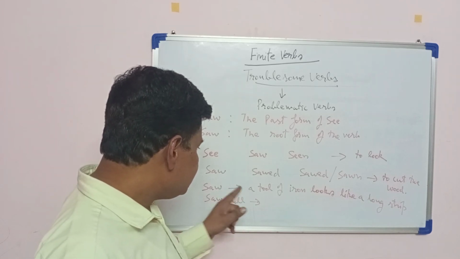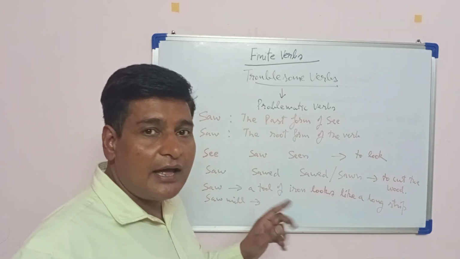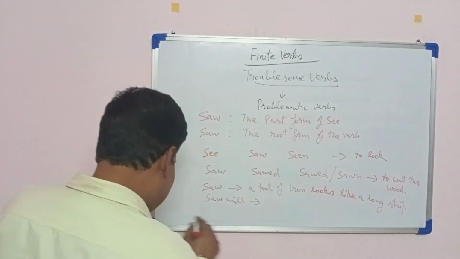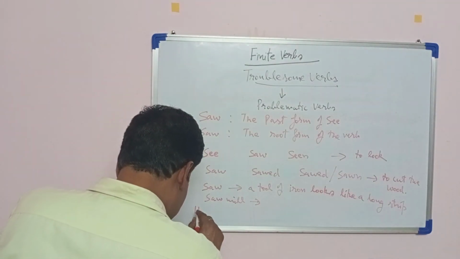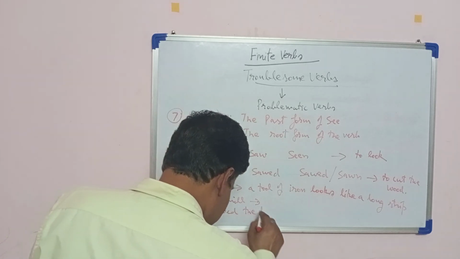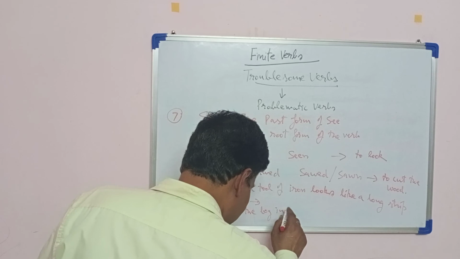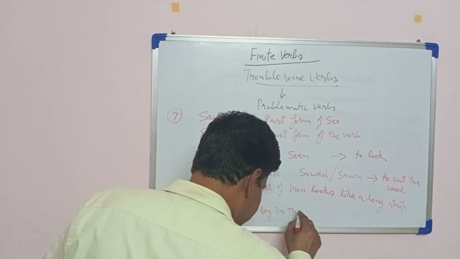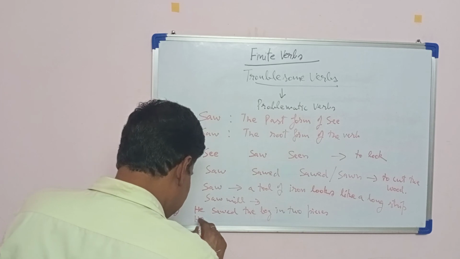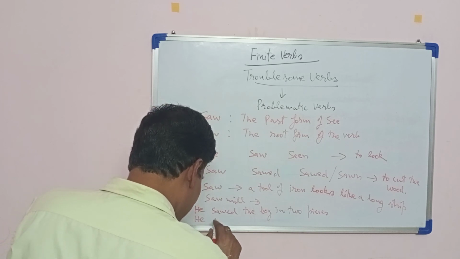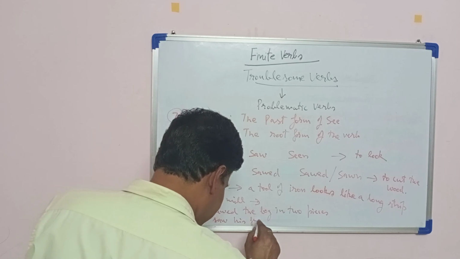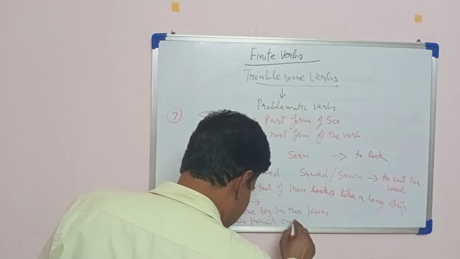And here, this tool that is called saw, it cuts logs into small pieces. So see the examples. He sawed the log in 2 pieces. Another, he saw his friend on the road.